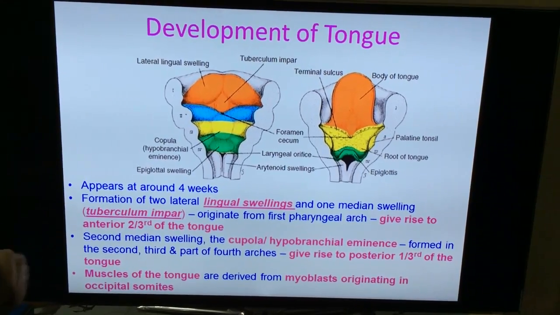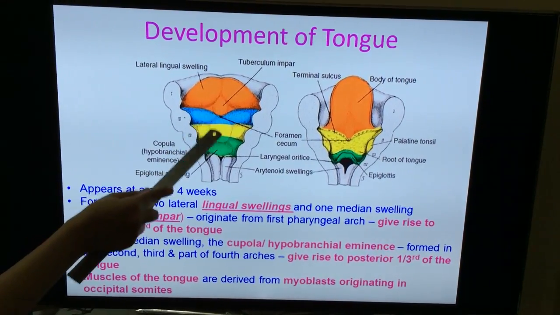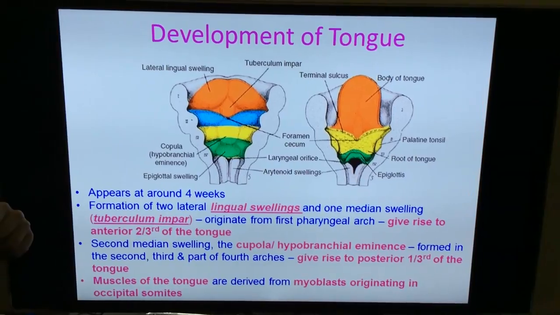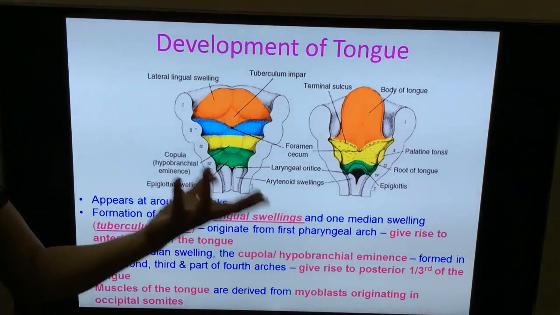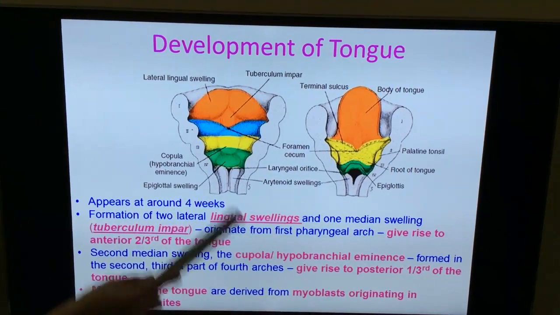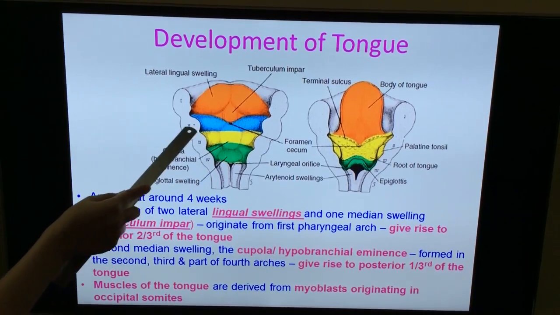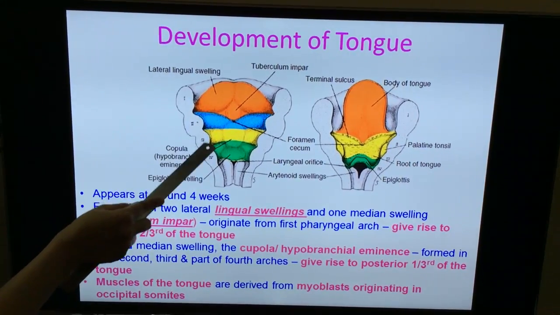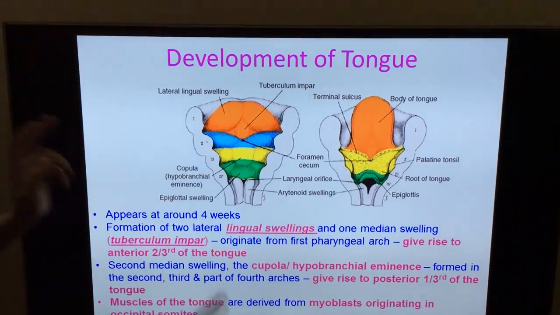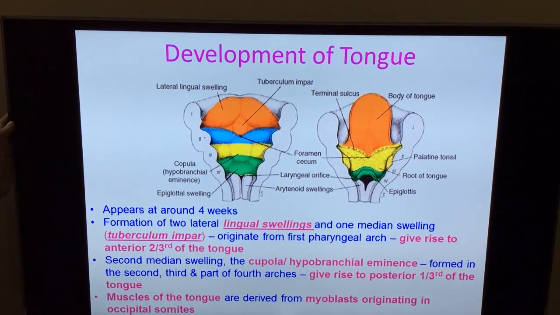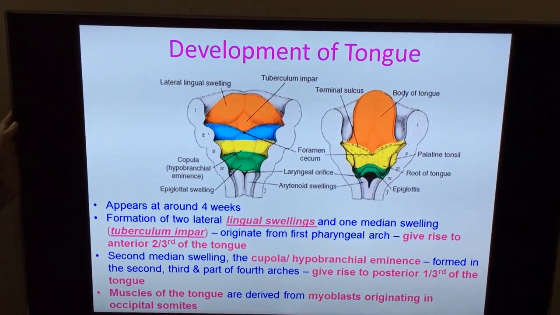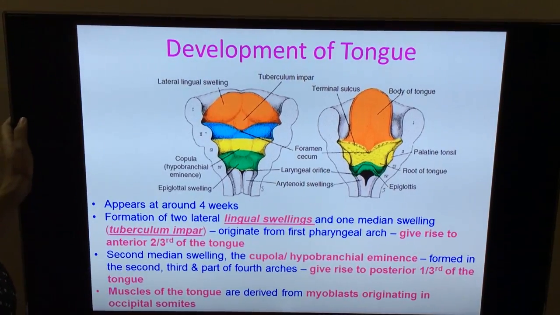For the posterior 1/3 of the tongue, the sensory supply is by the glossopharyngeal nerve, because it is mainly at the level of the second and third arches. It is mainly the glossopharyngeal nerve, both for general sensory and special sensory.